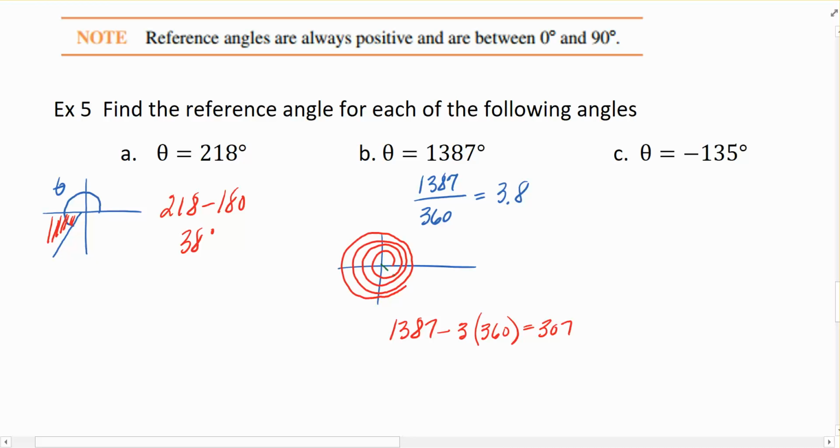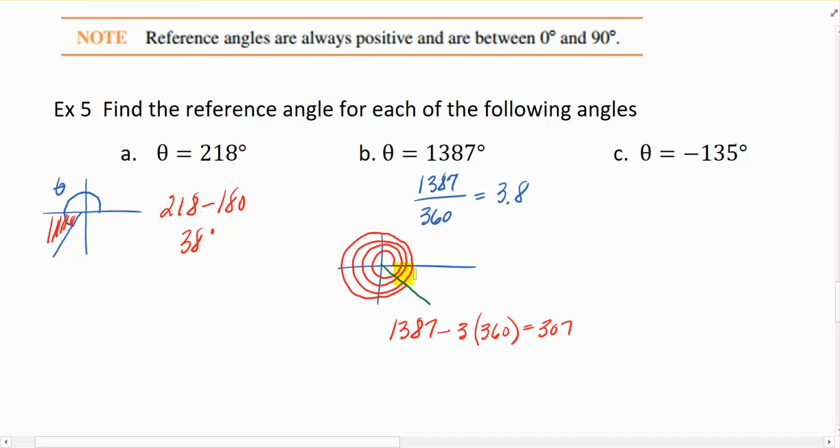Now, to bring this back to what we may have learned earlier, if I rotate 307 degrees and stop in the 4th quadrant, or if I rotate 1,387 degrees, I still land in the exact same spot in the 4th quadrant. And remember, those two angles are called coterminal. But what I'm interested in finding is the reference angle.